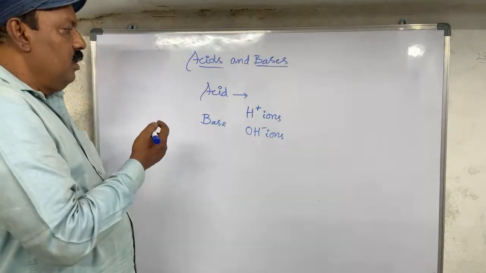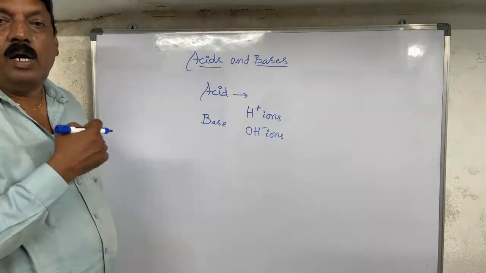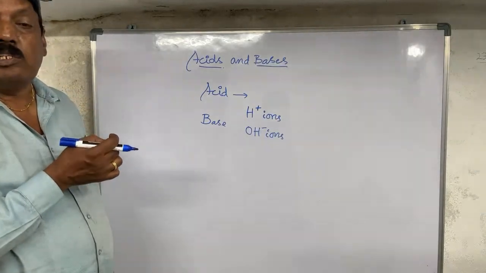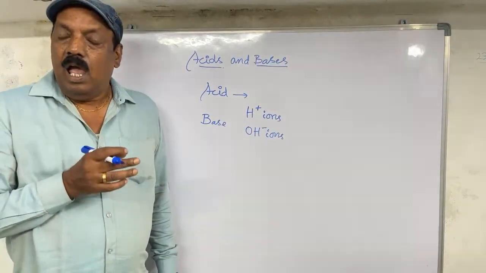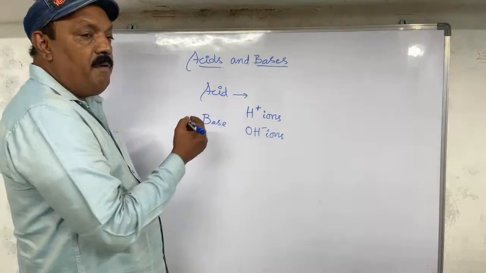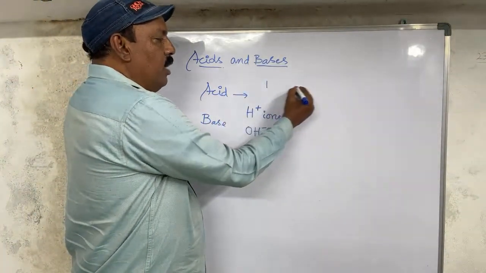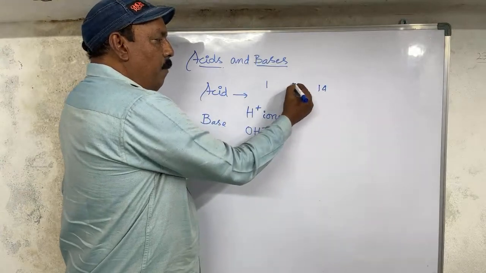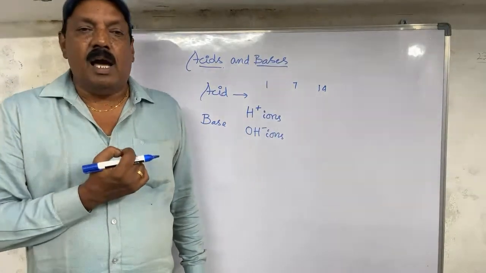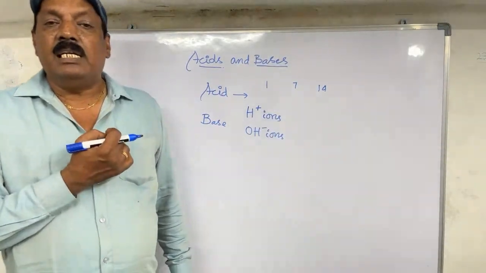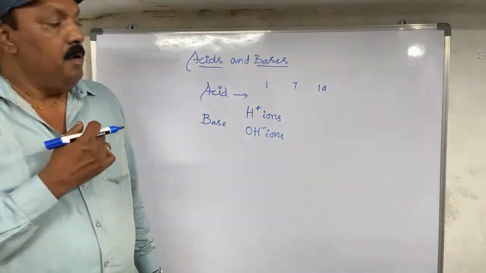And here one parameter is there to find out what is acid and what is base. That parameter also shows which is a strong acid and which is a weak acid. In this parameter we have 14 graduations, 1 to 14. Whatever values come below 7, we consider acid, and above 7 up to 14, we consider base.